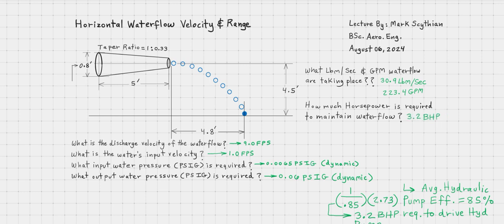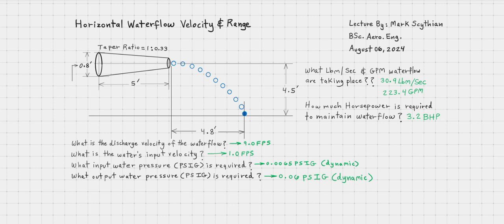So 3.2 brake horsepower from the motor or engine driving the hydraulic pump would be required to push water through this 5-foot duct with a taper ratio of 1 to 0.33, input diameter 0.8 feet, and output diameter the product of 0.8 times 0.33.